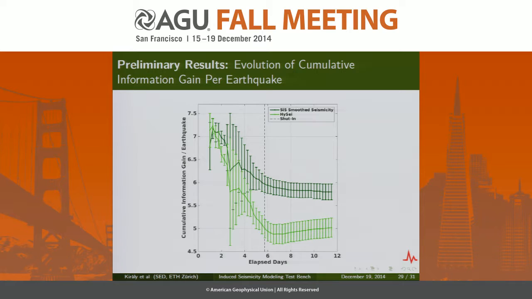At first it seems that the high psi is a little bit better than the smooth seismicity model. However, from day 2 till day 6, it really decreases in terms of information gain, and finally it cannot really recover. By the end of the time window, the smooth seismicity model won the competition.